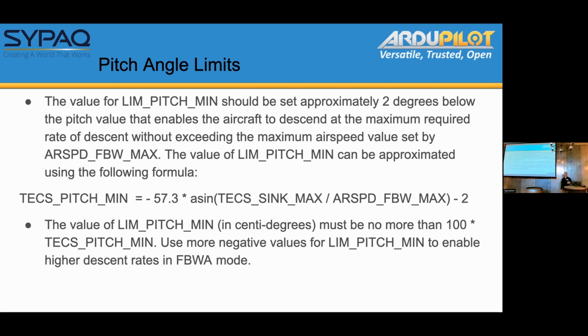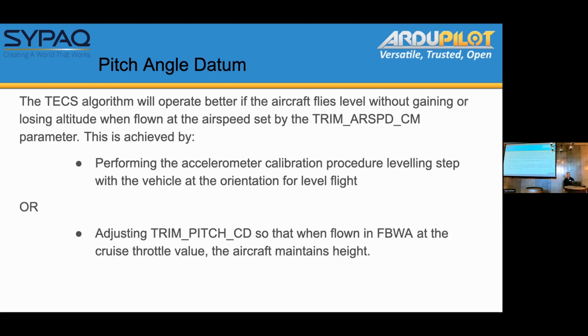So the question is that formula for TECS pitch min doesn't account for angle of attack of the wing, and the answer is it does if you've correctly set your pitch datum, so that a 0 TECS pitch demand is level flight. Yes. Can I just ask, on the previous slide, setting pitch datum, you said there are 2 schools of thought. Which one would you recommend?